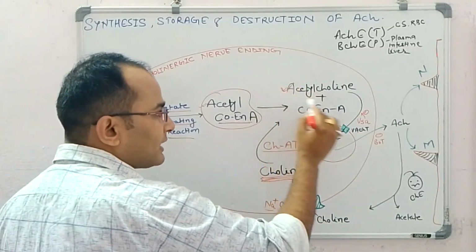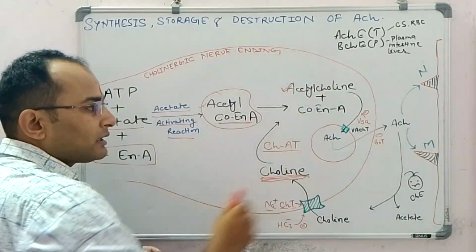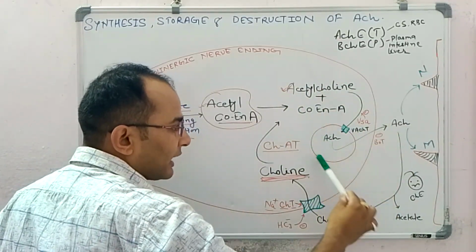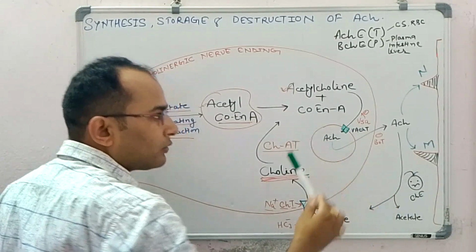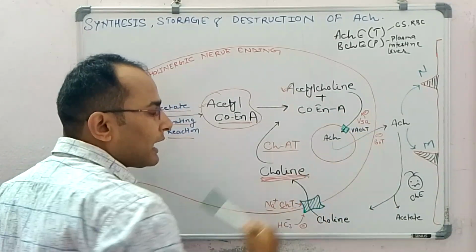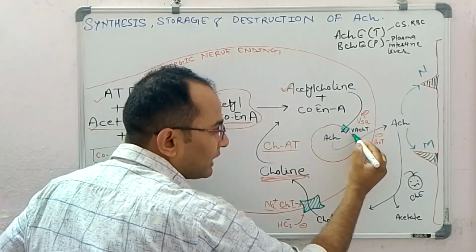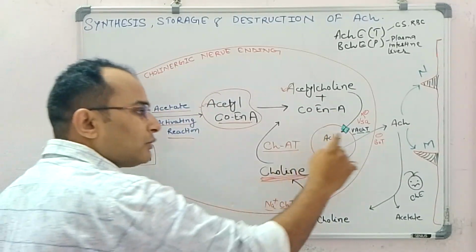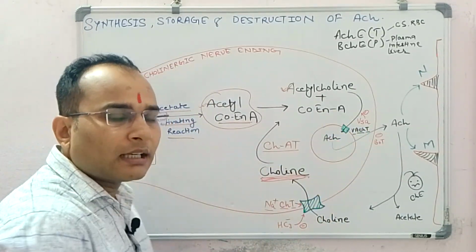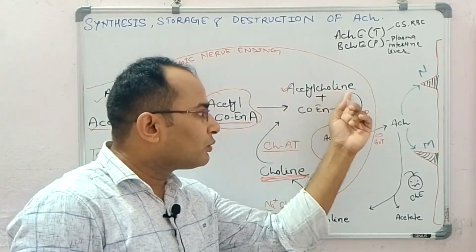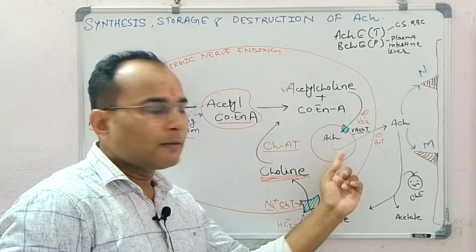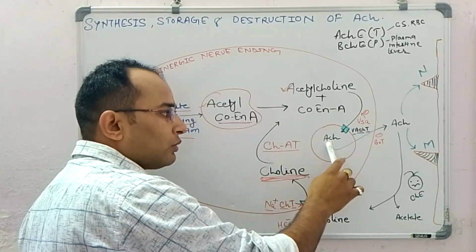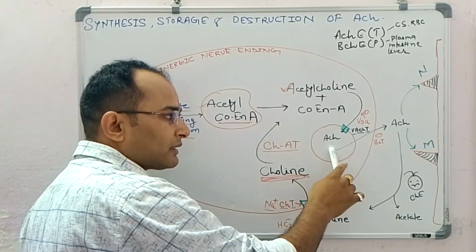Now this synthesized acetylcholine in the cholinergic nerve ending is stored inside the vesicles. These are the synaptic vesicles of acetylcholine, and acetylcholine comes in with the help of the vesicular acetylcholine transporter, which allows the formed acetylcholine to come inside the synaptic vesicle.